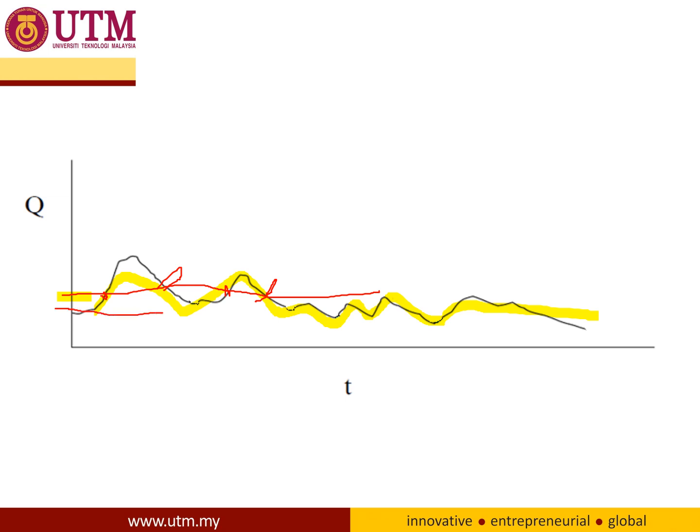For another line, let's say this value, how many times does it occur? 1, 2, 3, 4, 5. Sorry for this really rough sketch, but I hope you understand. So we calculate the frequencies of the flow, how many times a certain value occurs.